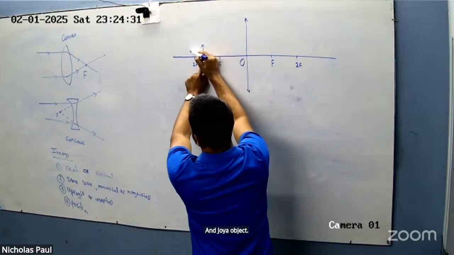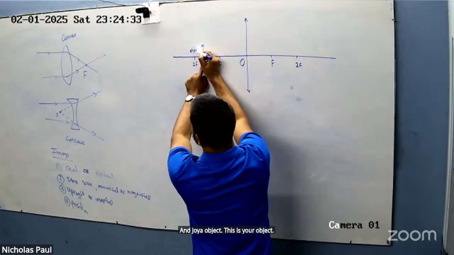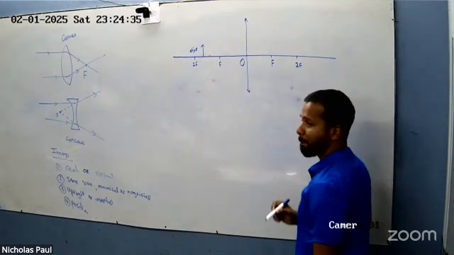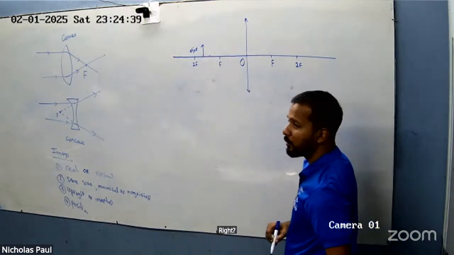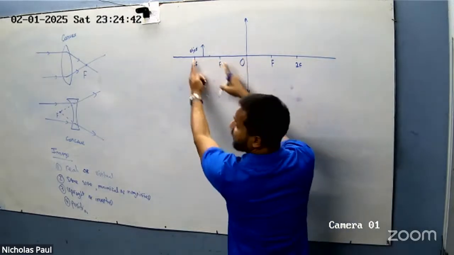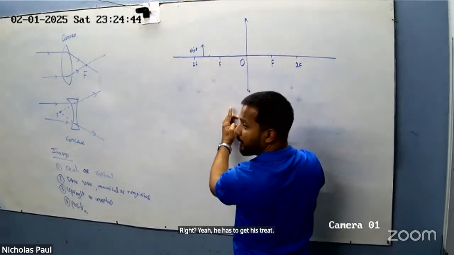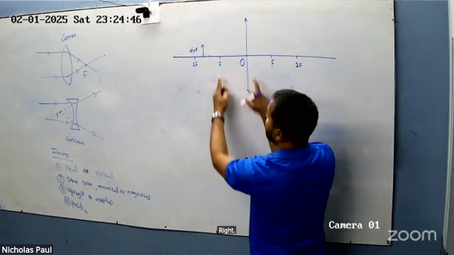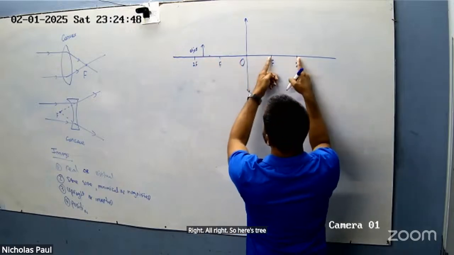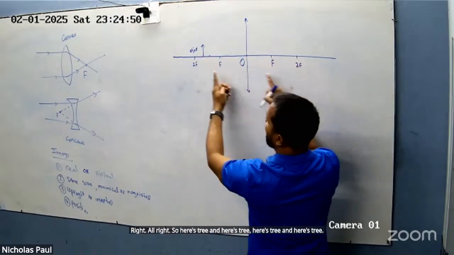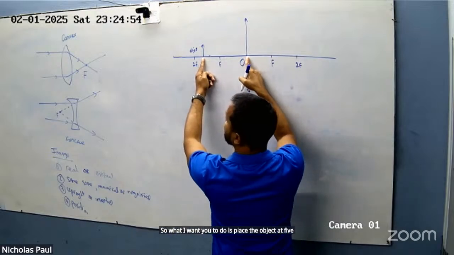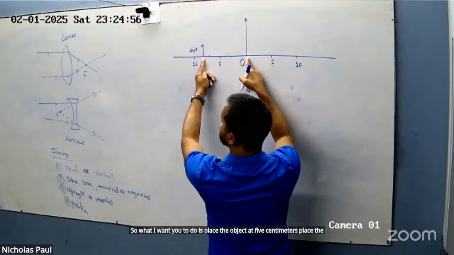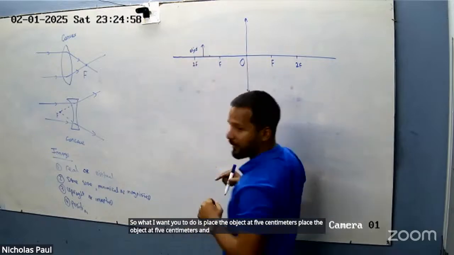This is your object. Here's 3 and here's 3, here's 3 and here's 3. So what I want you to do is place the object at 5 centimeters and draw it 3 centimeters high.